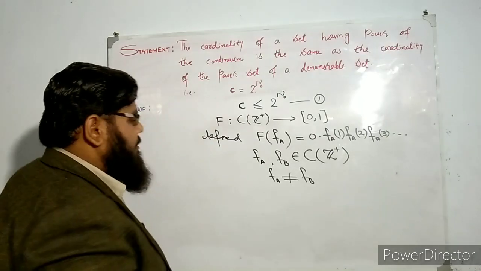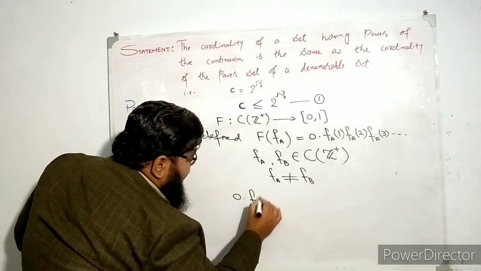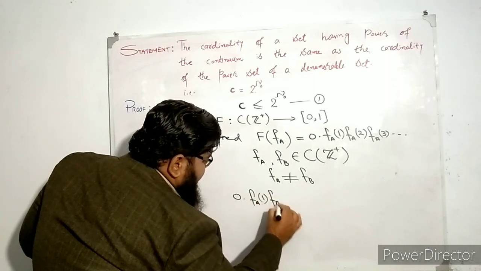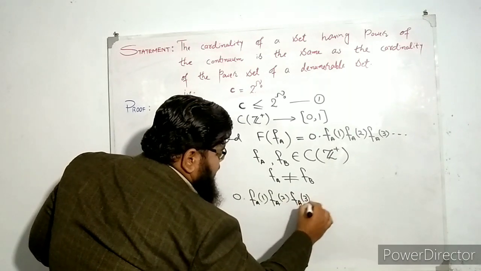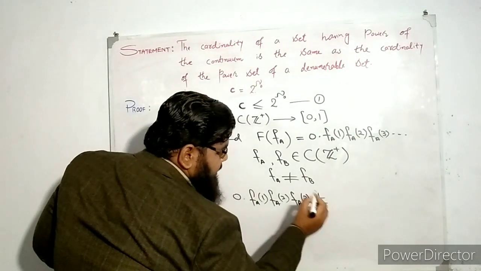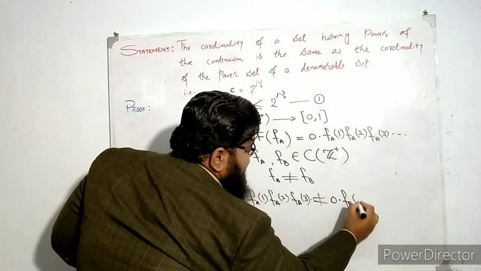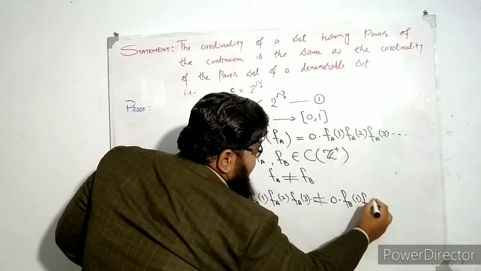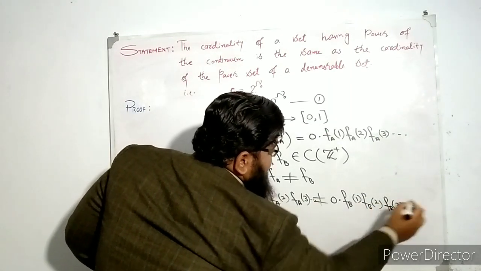In that case we can easily say that 0.fa at 1, fa at 2, fa at 3 and so on will not be equal to 0.fb at 1, fb at 2, fb at 3 and so on.